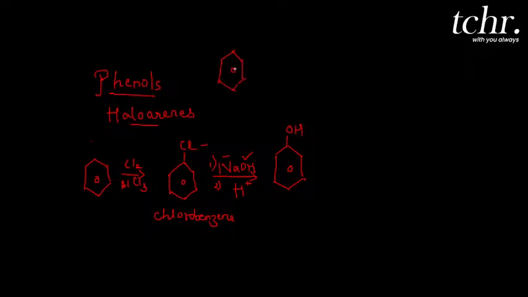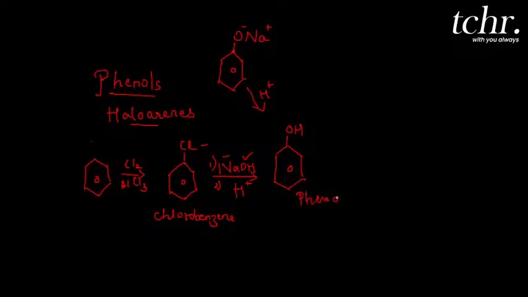When you treat chlorobenzene with a strong base like NaOH, what you get is sodium phenoxide, that is O-Na+. This is an intermediate, and on acidification, Na+ will be replaced by a proton, H+. On acidification, what you get will be phenol.